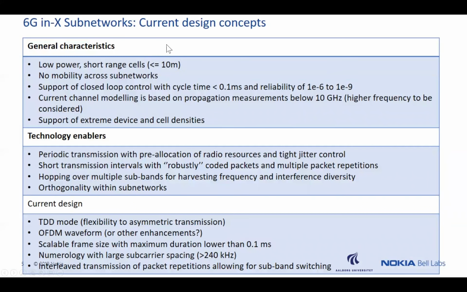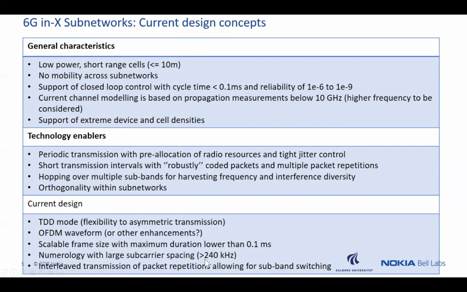So here is a summary of our initial or current design concept. Essentially, we have looked at a 3D frame with OFDM waveform. We have scalable frame size, as we also have in 5G NR, but with maximum duration, which has to be lower than the 0.1 milliseconds requirement.